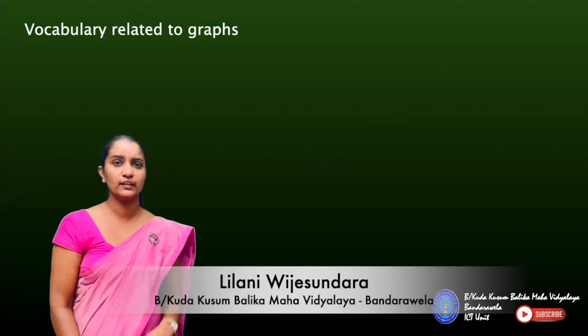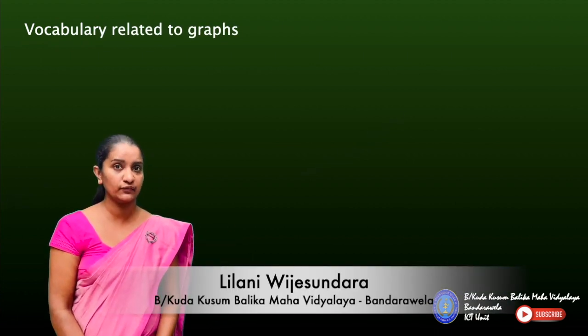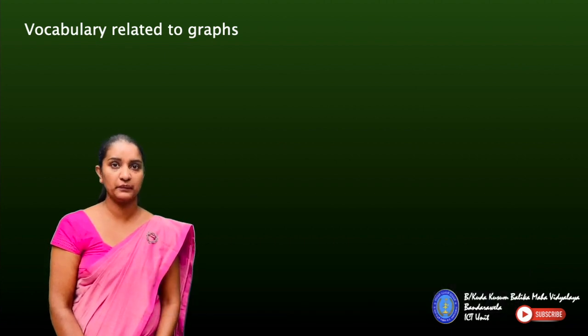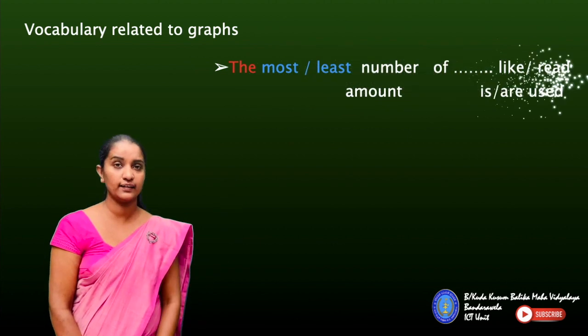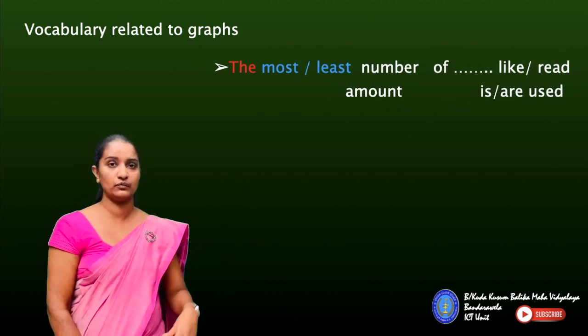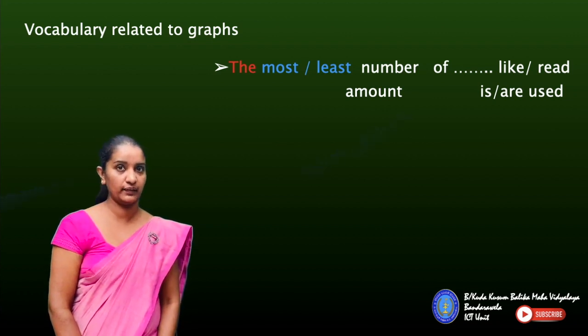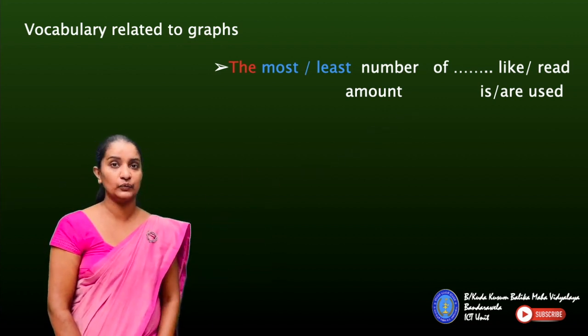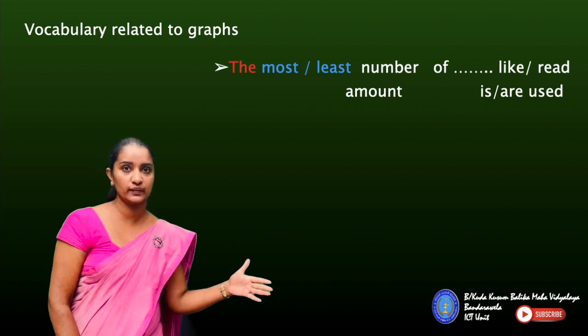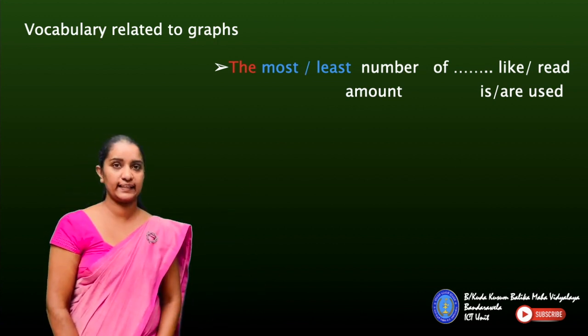Usually the vocabulary you need is given on the paper, but you should know the meanings. I have highlighted important words, and in blue color you can see the vocabulary, and in black color you can see the sentence structure. So we'll take one by one.